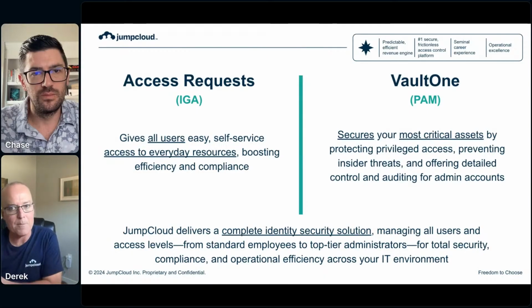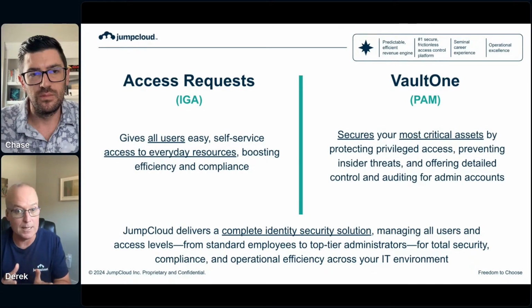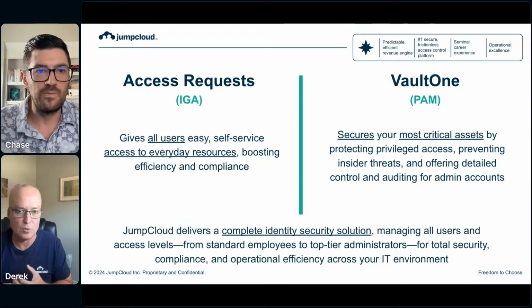When I think about PAM, I'm thinking about, man, I want to secure my most critical assets, which is access to these capabilities, these features, these resources, but I want to put a lot of control around it, and I don't want to give everyone the ability to request access or elevate into a PAM type of a resource.